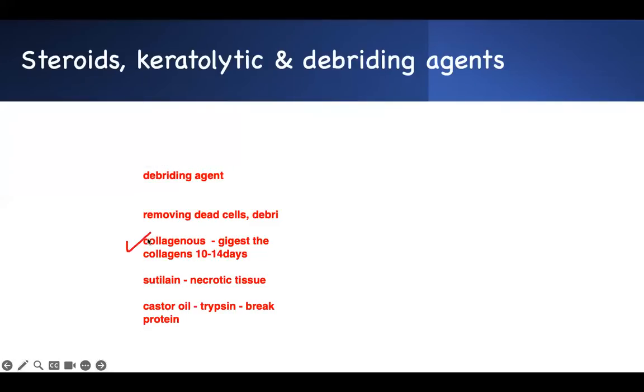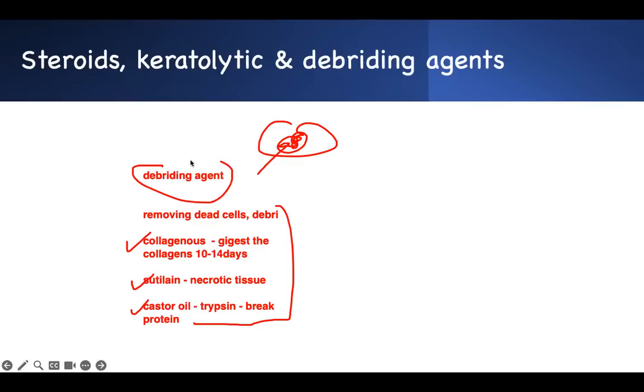They are collagenase, Santyl, and castor oil. If you have dead tissue on a wound, that's what you put on to kill away all the dead tissue. If you don't want to take them to surgery, this will be chemical debridement. They are not surgical debridement, they are chemical debridement.